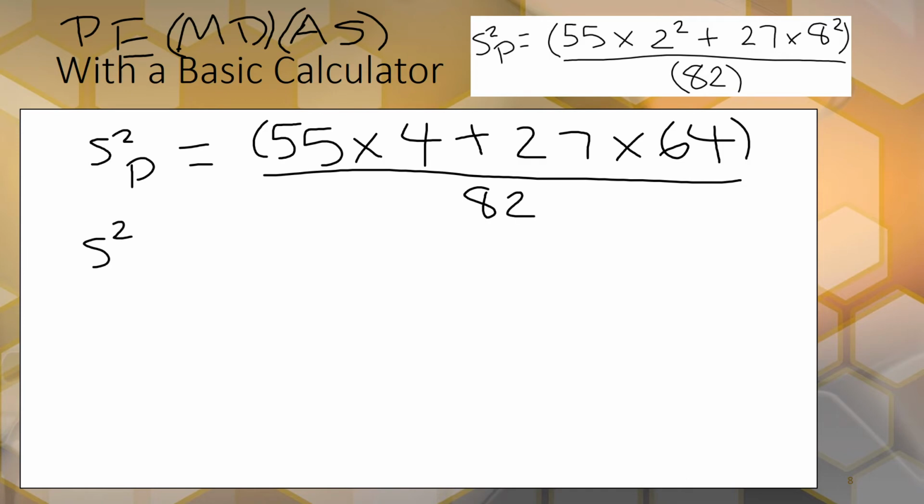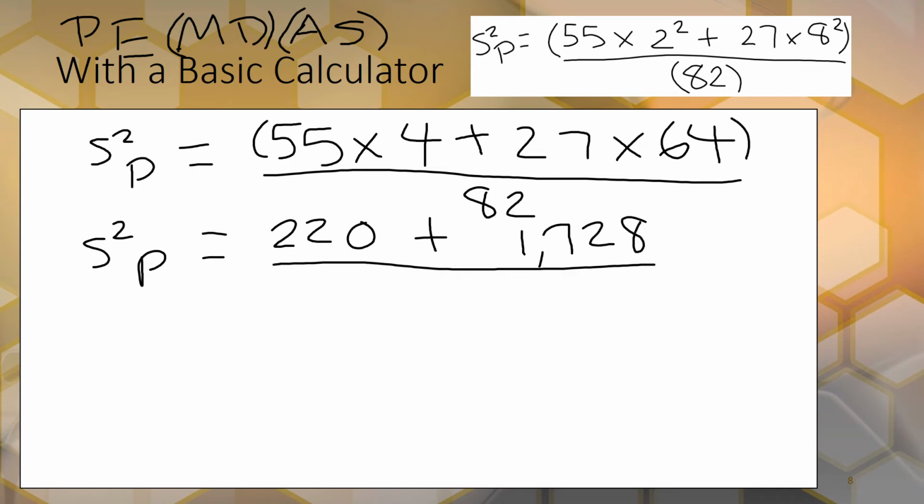Alright, and then the next thing you want to do is the multiplication and division. And there's only multiplication, and we're going to do it from left to right. So we have 55 times 4, which equals 220, plus 27 times 64, which is 1,728. And then we're going to divide that by 82 again.